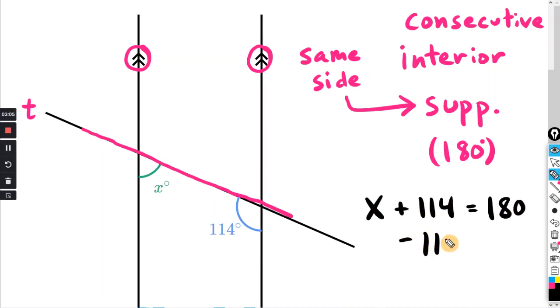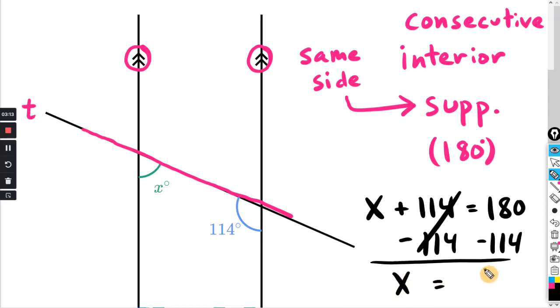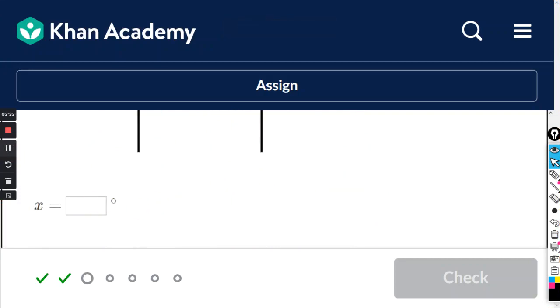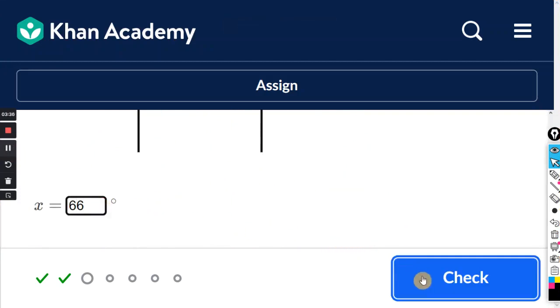Once you subtract 114 from both sides, it cancels here, and x is going to equal 66 degrees. So x is 66. You don't necessarily have to make an algebra equation for this. We can just subtract 114 from 180, and we would get 66. So just click in the box and type 66.